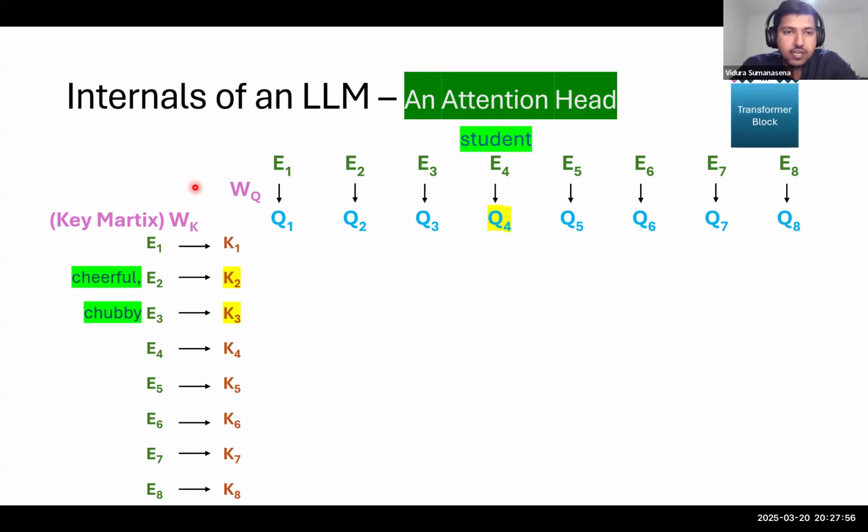So again we have the 8 embeddings on this side, and we multiply them by the key matrix, which is also trained during training time to answer this question. In this case, the embeddings for cheerful and chubby will give the K2 and K3 vectors.